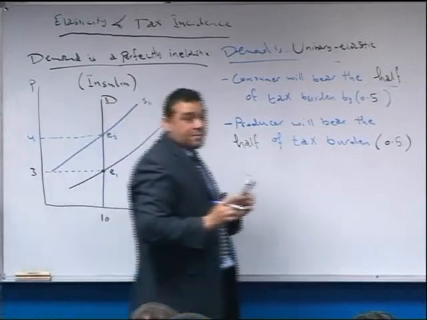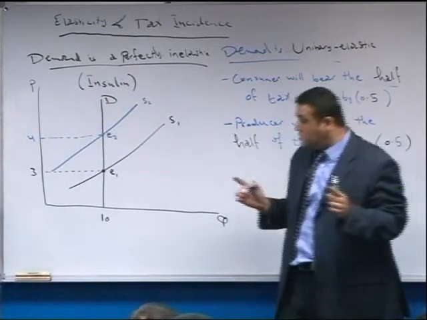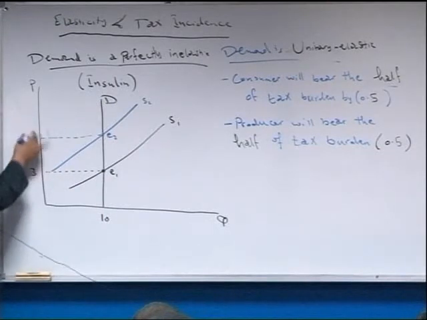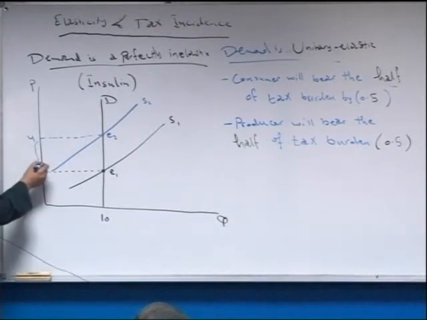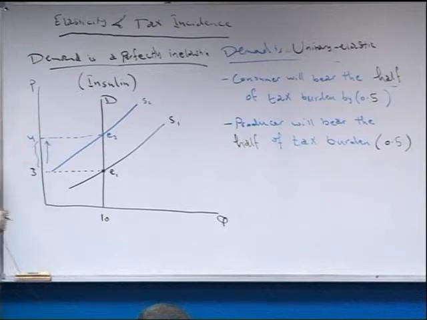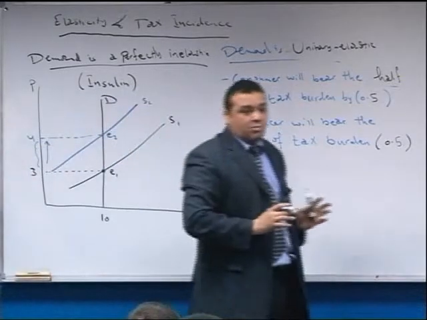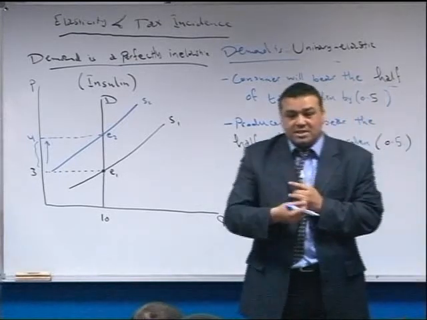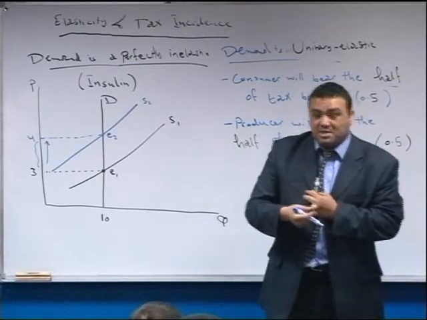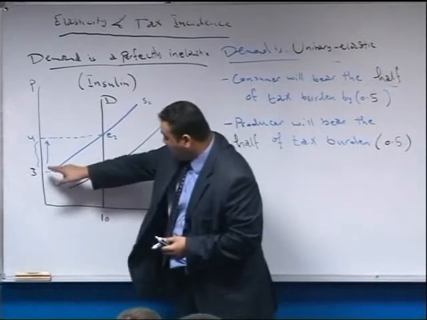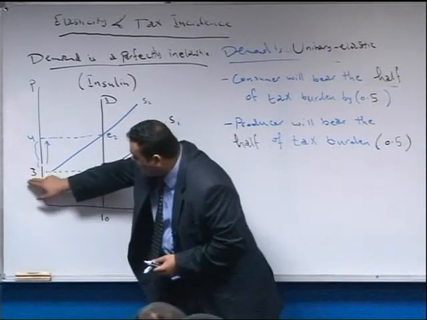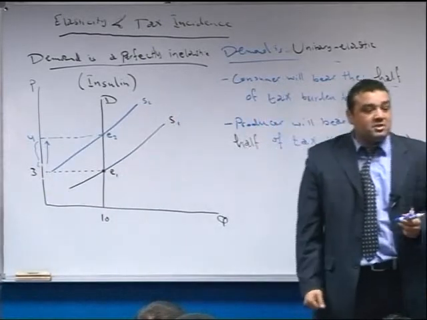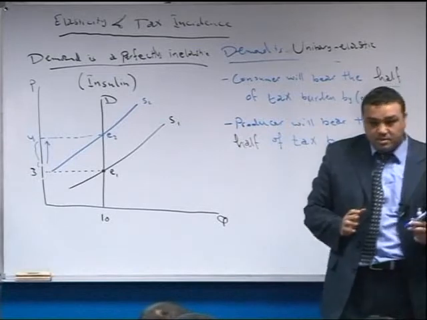When the producer succeeded in selling his product at 4, this means the consumer bears the whole tax burden, right? Because the product is very important. It's impossible to give it up when the price increases. So, as you see, the producer succeeded in making the consumer bear the whole tax, right?